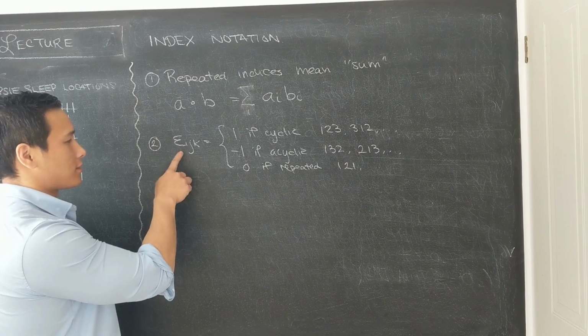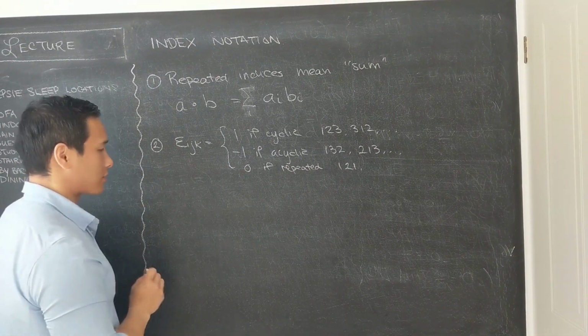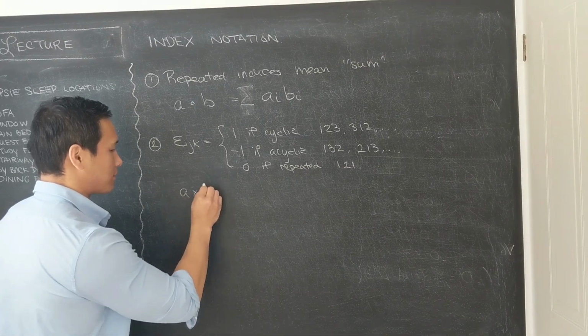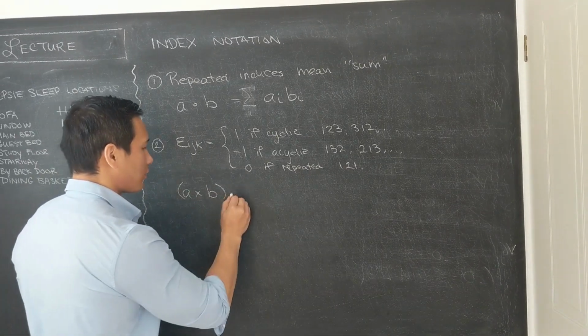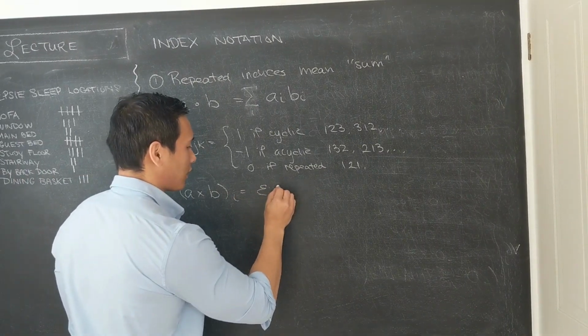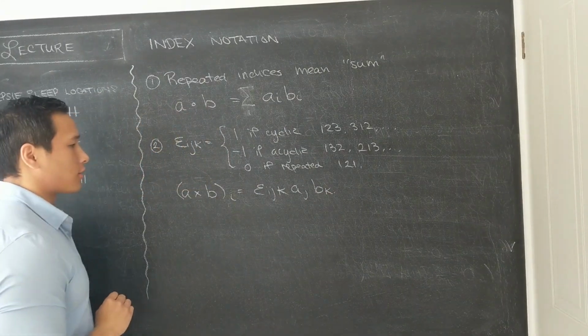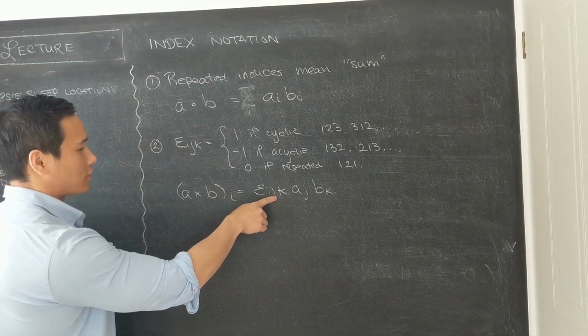Okay? This definition allows you to define the cross product. So you would write the cross product A cross B. The ith component of the cross product is epsilon ijk a_j b_k. Okay?